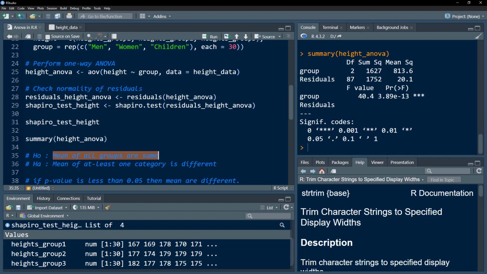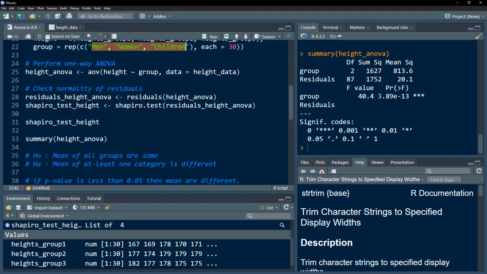What we mean to say is that there is no impact of this group on the height of an individual. And the alternate hypothesis is that the mean of at least one of these categories is different. That means there is an impact of this group on the variable of interest, which is height in this case.